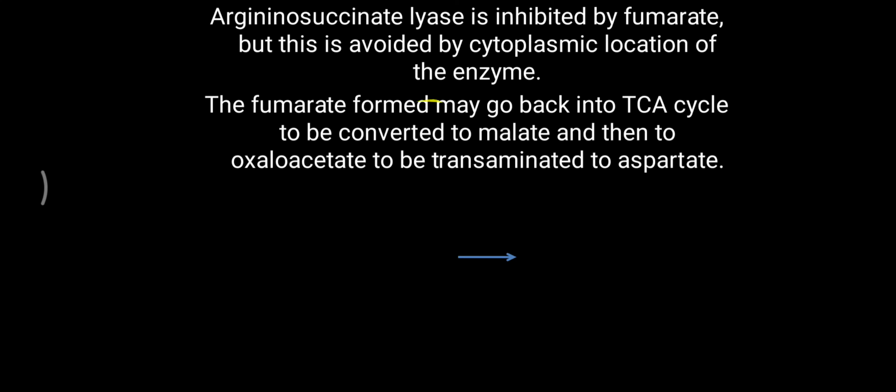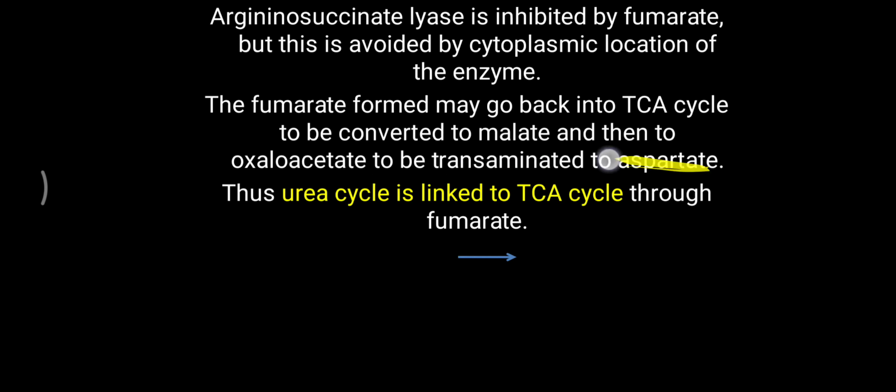Whatever cytoplasmic fumarate is generated will go into the TCA cycle to be converted into malate, and from malate, oxaloacetate is generated. Here we also need aspartate in combination with citrulline, to make argininosuccinate. This aspartate is regenerated from the fumarate. Thus the urea cycle is linked with the TCA cycle, so it is also a urea bicycle.